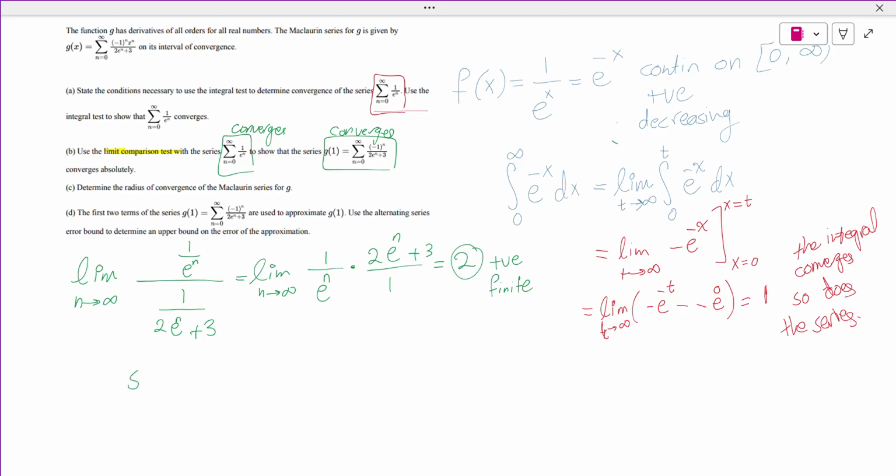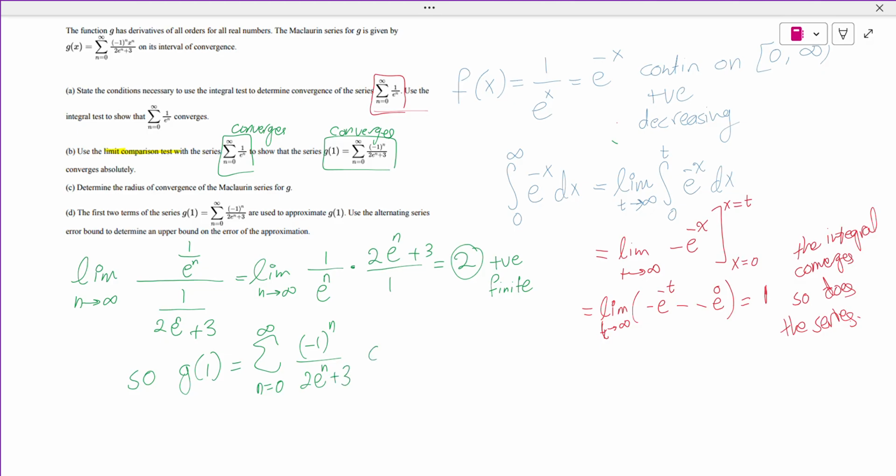So g of 1, which is equal to what? The summation, n equals 0 to infinity, negative 1 raised to n, n over 2e to the power of n plus 3.